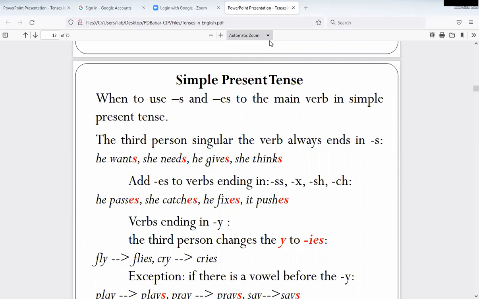For this verb, if we have he, she, it before it, then we have to add the ES suffix. So he passes. He passes the ball. He passes the notebook to me.